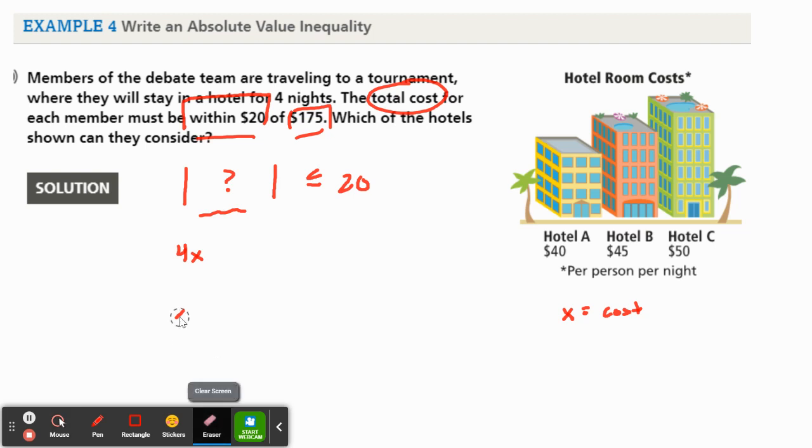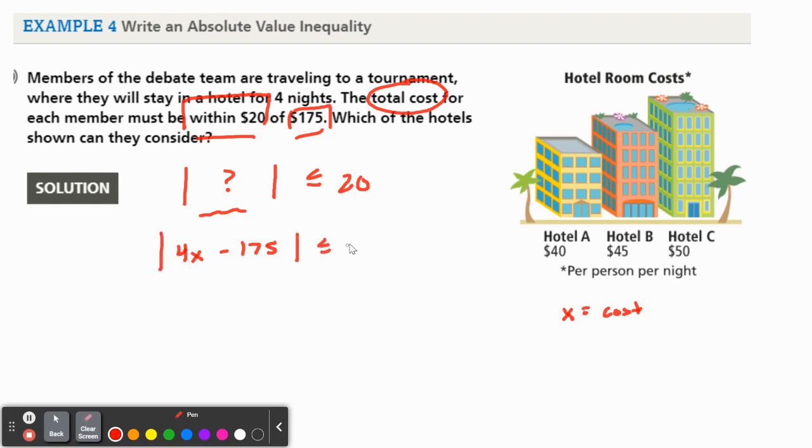And we're going to subtract the 175 that we know is part of the deal. That's what we have to spend, roughly. We have to be within $20 of that number. This absolute value must be less than or equal to 20.